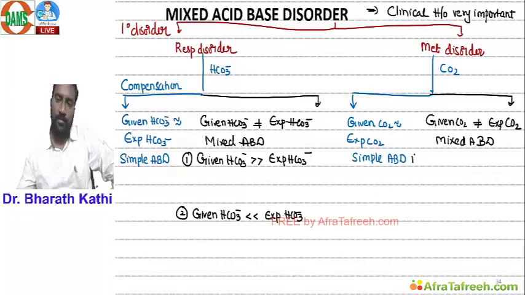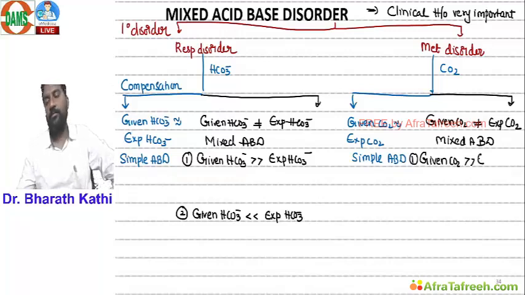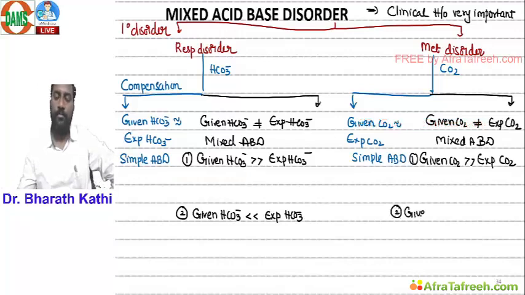Here also, possibility 1: given CO2 very much higher than expected CO2. Possibility 2: given CO2 very much less than expected CO2.